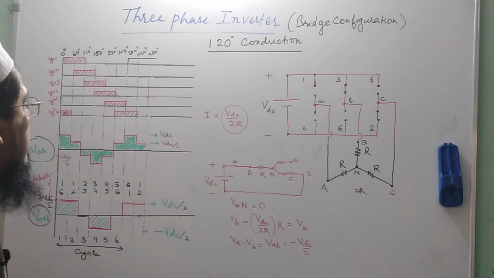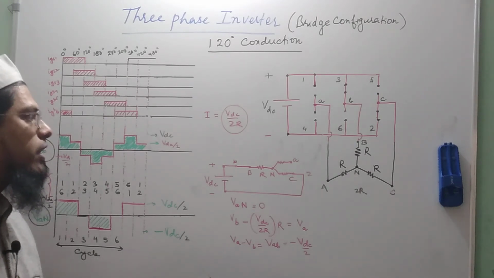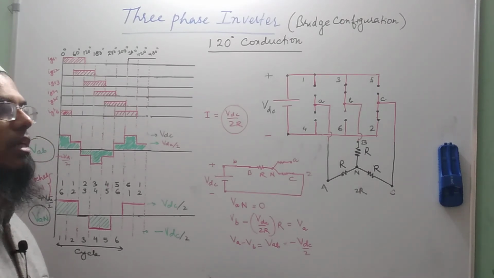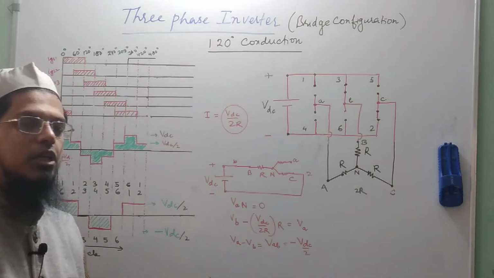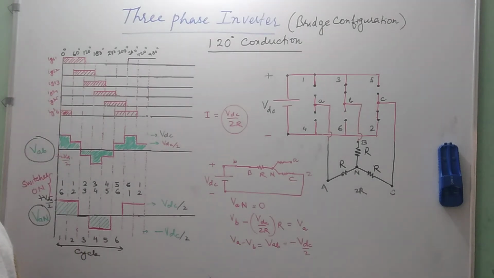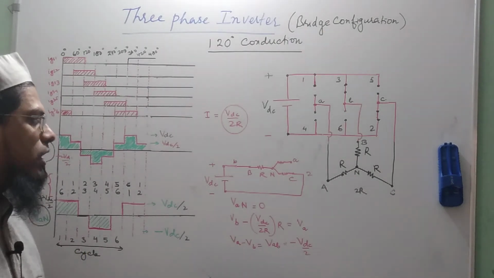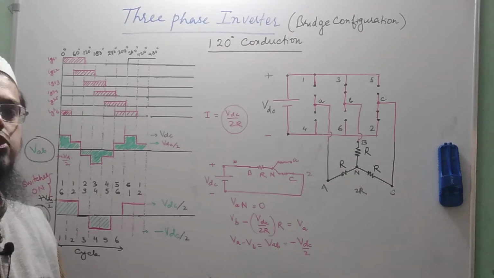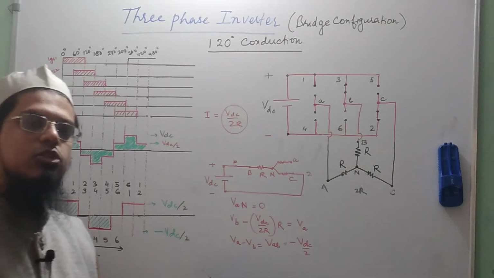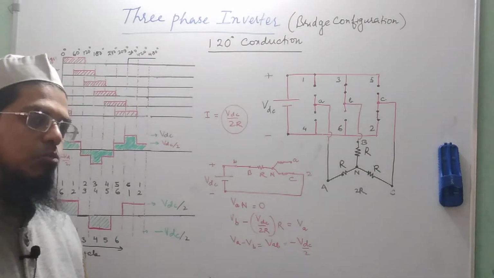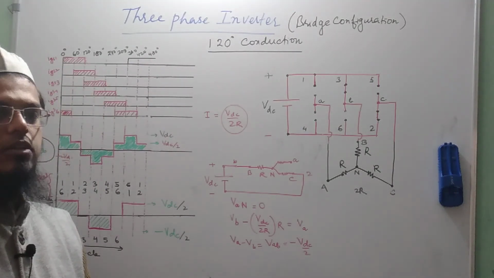We will be analyzing the waveforms for 120-degree conduction as well as 180-degree conduction in our next video lecture, and we would be expanding these waveforms in Fourier series, and then we would try to find out the total harmonic distortion as well as the harmonics that are present in the output voltage waveform for these two modes of operation of the 3-phase inverter.